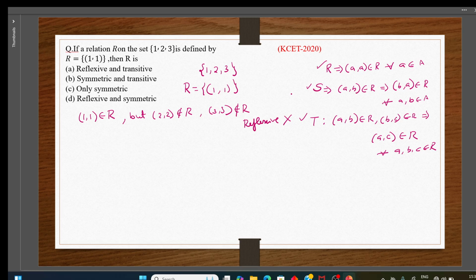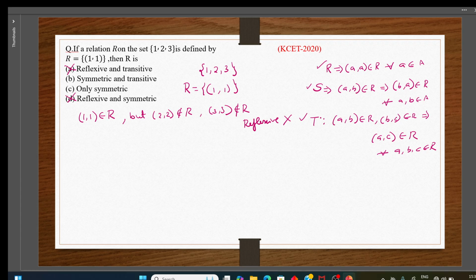Since reflexive is not satisfied, those options are deleted directly. Here only symmetric is there. We have to check option C also. Option A and option D are deleted.